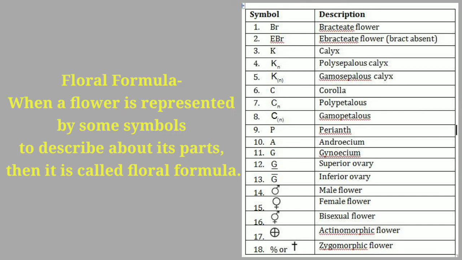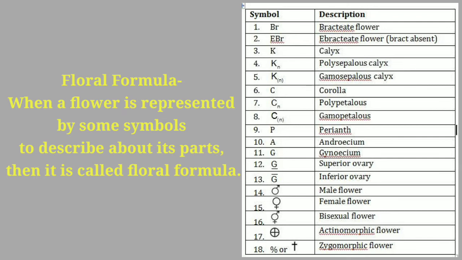Then comes the representation of the sexuality of the flower. If the flower is unisexual male, then the male sign is given. If it is female, then the female sign is given. And when the flowers are bisexual, then both signs are given together, as you can see in the diagram. Please refer to the chart here.